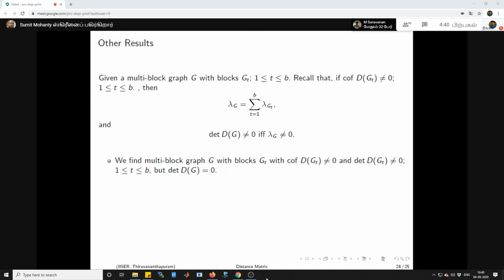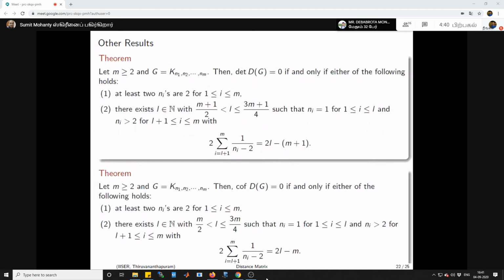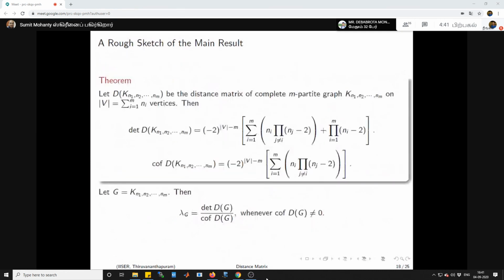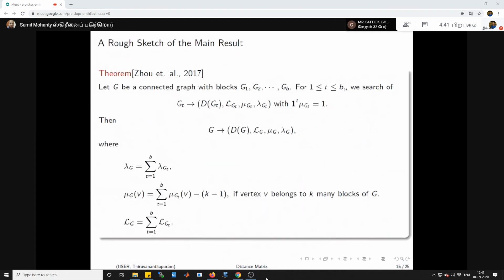So what exactly I want to say, sorry, even though the inverse form exists for an individual block, to get this form you may find that the determinant of the distance matrix of this graph may be 0. It is possible.